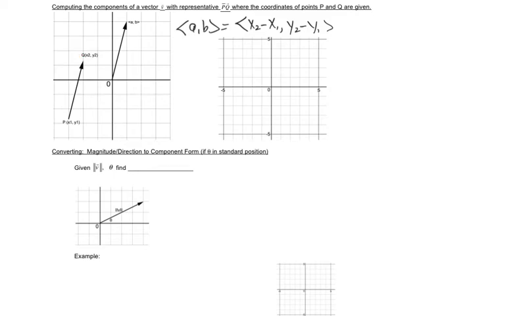So for example, if I said, here's the point -3, -1, and here's the point 2, -2, and I wanted the vector from P to Q, the x coordinate is the change in the x component. So 2 minus a -3.